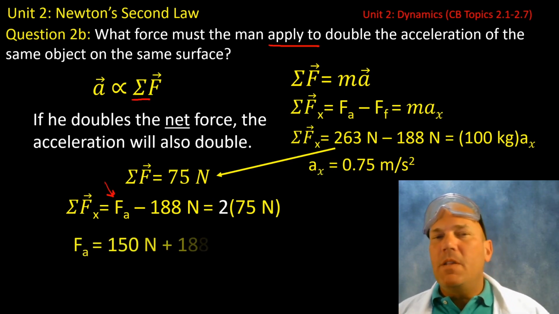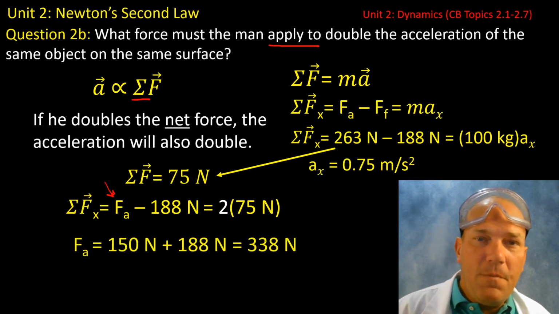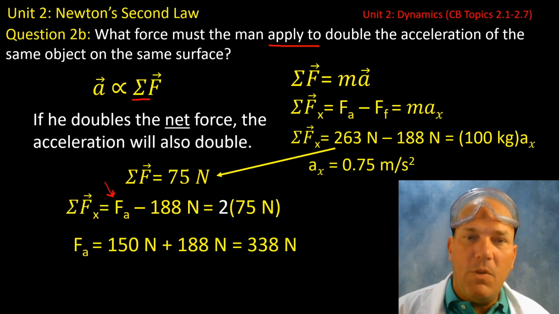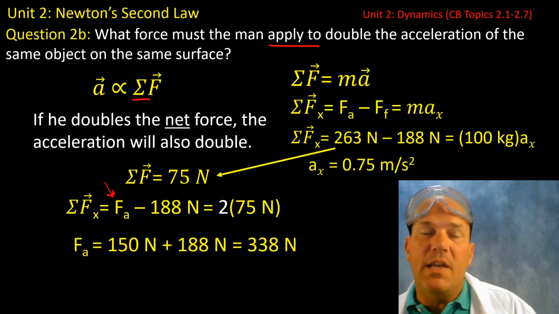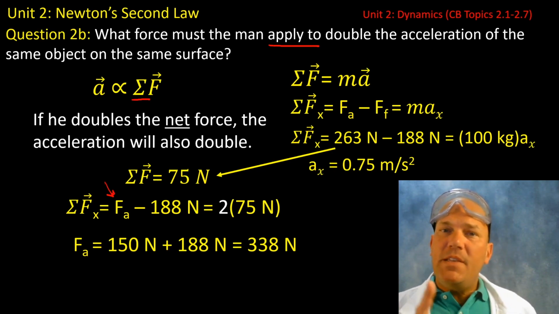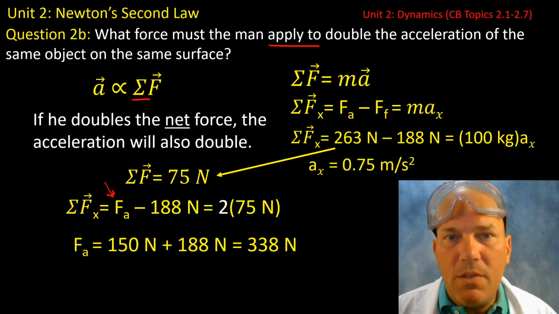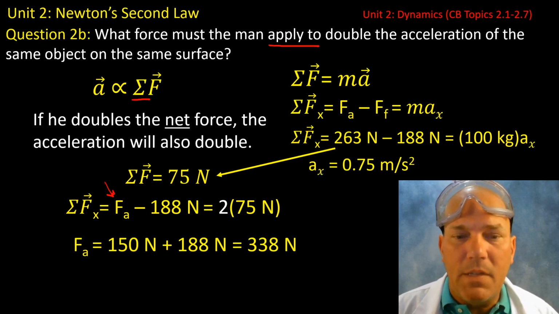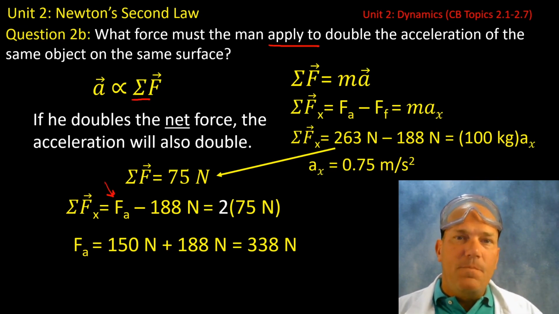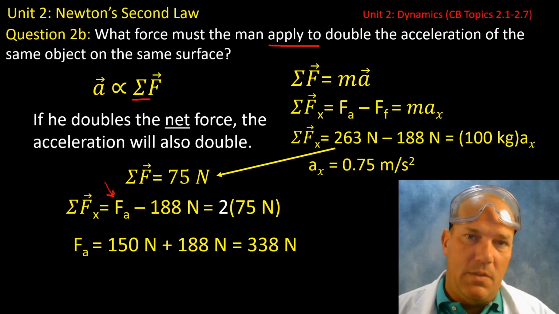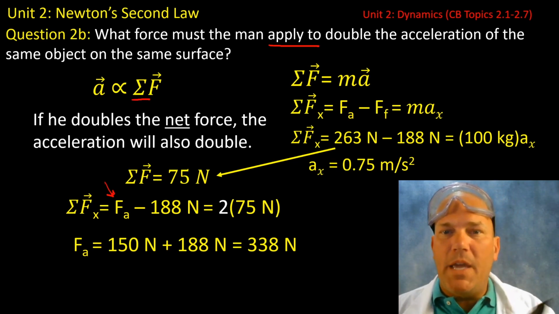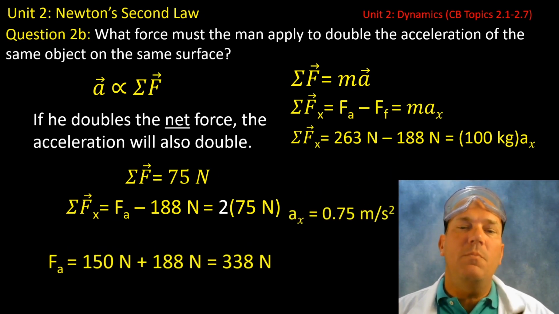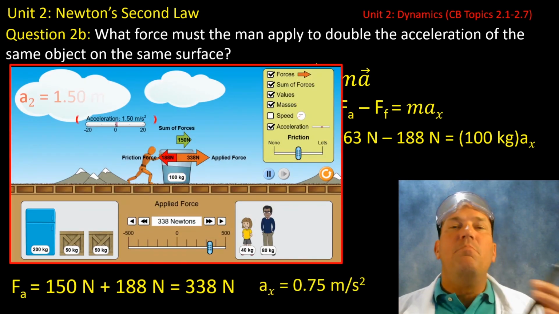So if we look at this and we solve for the force applied, now what did I do here? I just added 188 newtons to both sides, and I get that if this man applies a force of 338 newtons to the right, this object will accelerate at twice the acceleration we had in part A. So in other words, 1.5 meters per second squared.